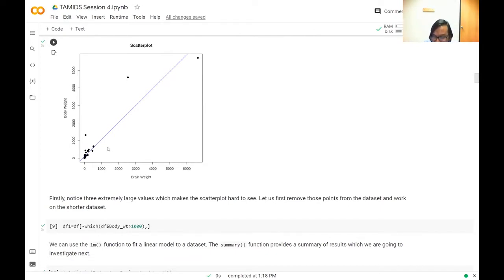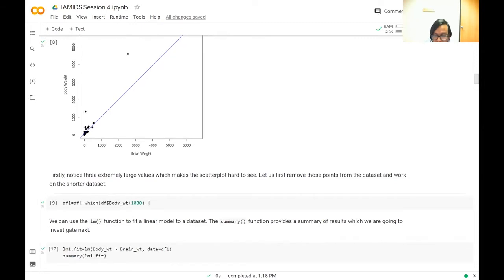I can access the row numbers corresponding to these 3 observations by using the which function. So if you do which(df$bodyweight > 1000), this is going to return the row numbers for which the body weights are greater than 1000. So I can look at those specific row numbers and then remove them, indicated by the negative sign, and then get all the columns. And then I store it in a different data frame, df1.